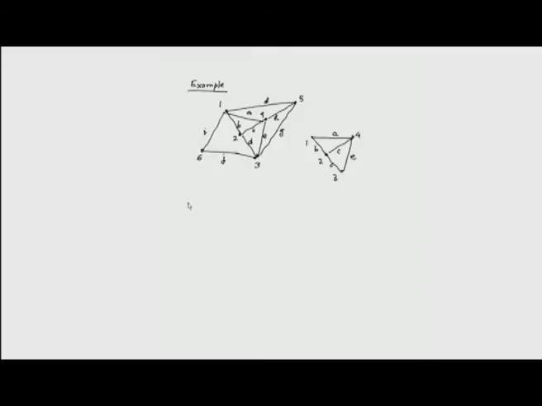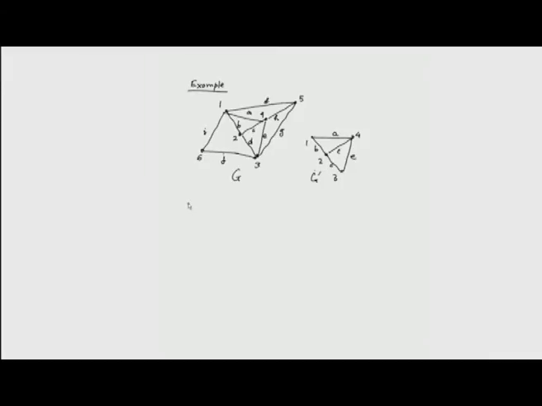Now, this is of course a subgraph of the original graph. So, let us name it G and let us name it G prime. G prime is clearly a subgraph of G.